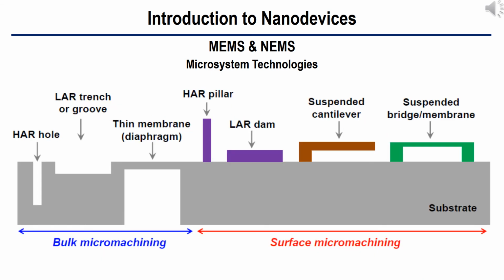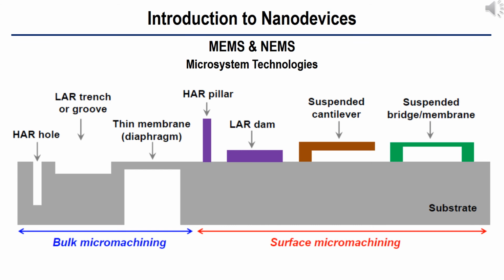For your understanding, let's look at some popular microstructures in microsystem technologies. To build a microsystem, we need to physically realize a variety of microstructures of different shapes, sizes, and materials depending on their purposes.